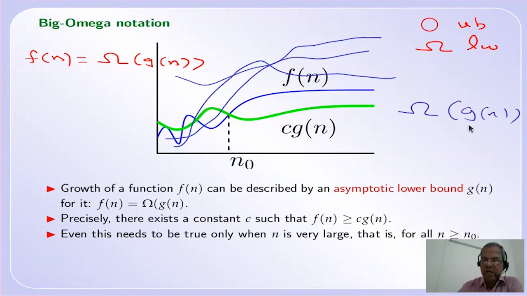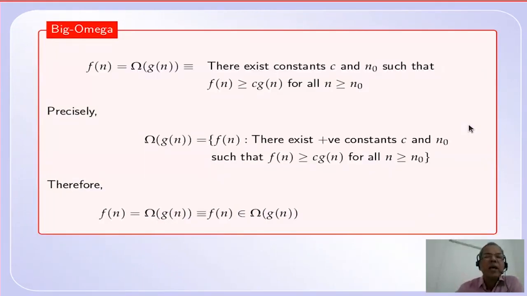Our own f of n is one among them. Therefore, big omega of g of n is a set of all functions such that f of n is greater than or equal to c times g of n for all values of n greater than or equal to n0. And therefore, whenever we write f of n is equal to big omega of g of n, this is equivalent to saying f of n is one function in the set big omega of g of n.